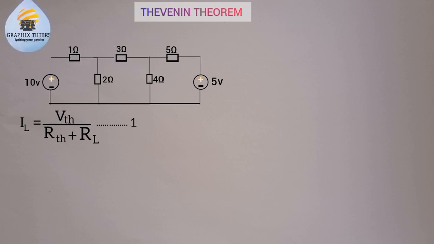First, we calculate the Thevenin voltage. To calculate that, we need to remove the load, the resistor that has a resistance of 3, that we are considering. We're going to remove it and replace it with VTH.